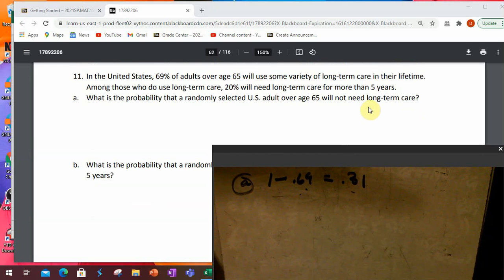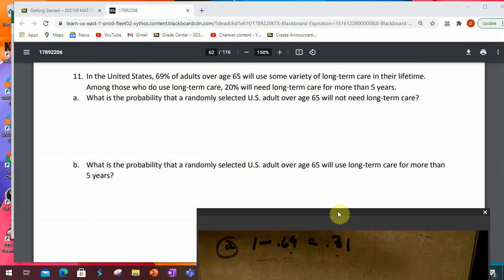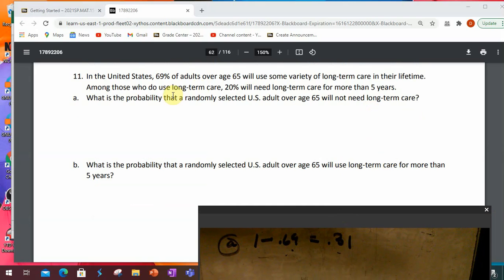Okay. So here, the probability of that will require it for more than 5 years is the probability of A times the probability of B given A. That's that situation, okay?